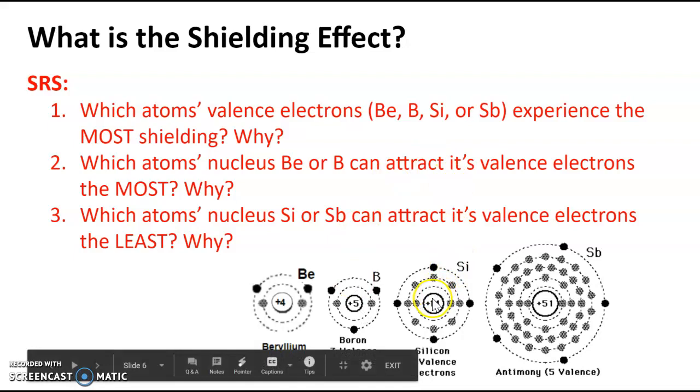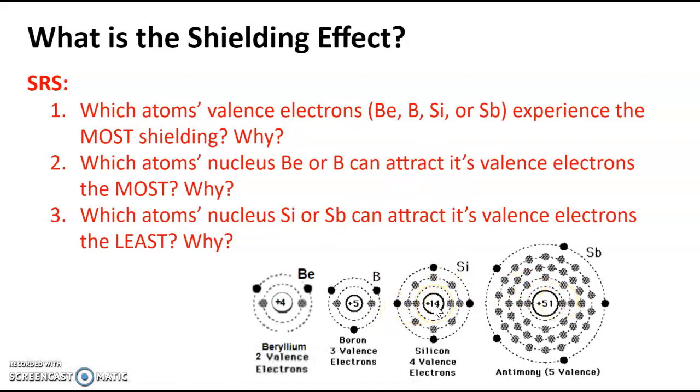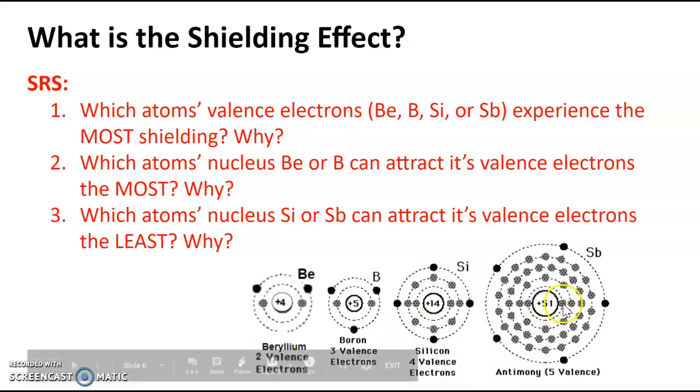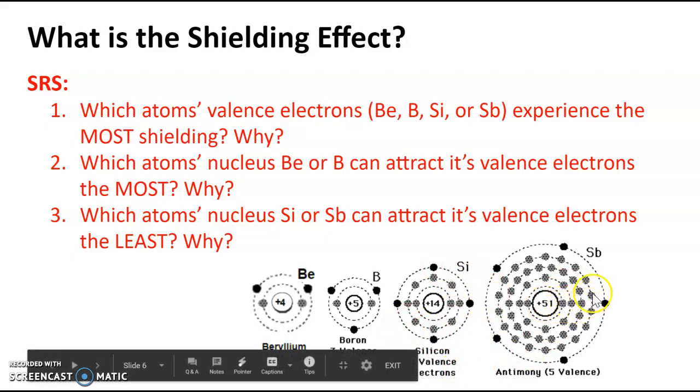If we look at silicon and antimony though, silicon has a magnet of 14 positive, and it has 2 layers between itself and its outside electrons. Antimony has a really strong magnet, 51, but it has 1, 2, 3, 4 layers between the nucleus and the valence.